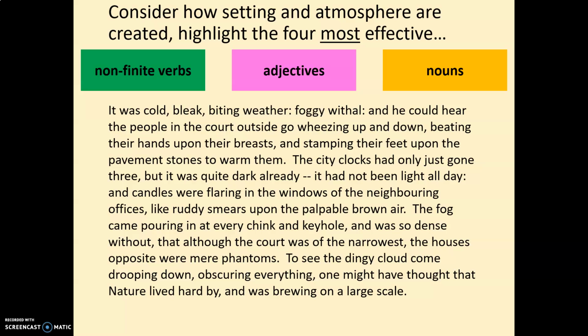The 4 most effective adjectives, your descriptive words, and the 4 most effective nouns that you think add to how Dickens has created setting and atmosphere. So spend a few minutes annotating that text. Identify the verbs, the adjectives and the nouns, and then if you have time and you understand them, make a note about how you think they impact on setting and atmosphere.